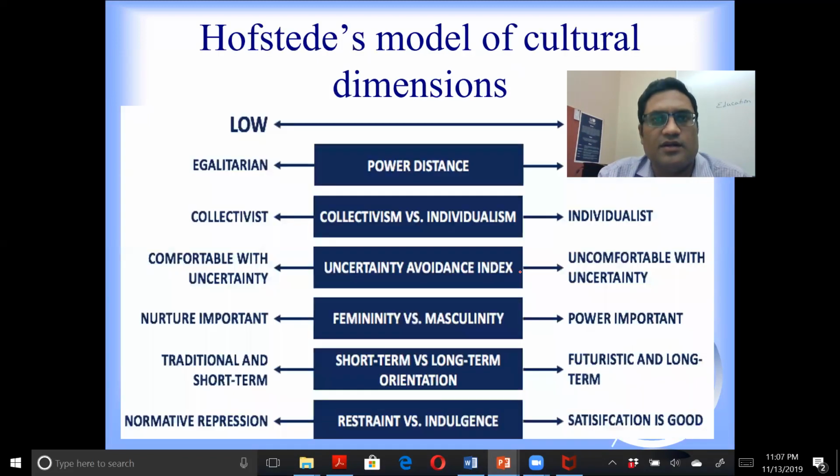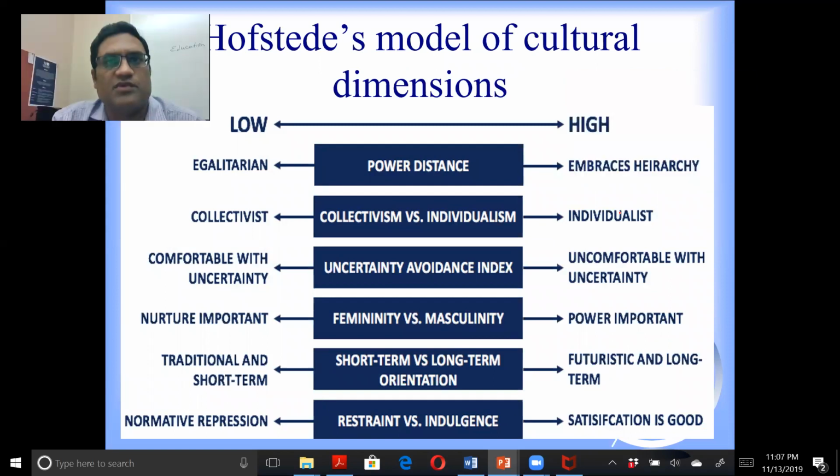Then the next one is Hofstede's cultural dimension model, and let's pick this because you already are familiar with it. But you are supposed to look at each and every one of these. So these are 6 factors. You are going to briefly explain what it is and also how it is applicable either to your customers, to your employees, to the community, whatever way, or how you market your services.